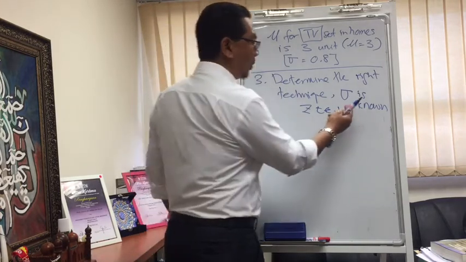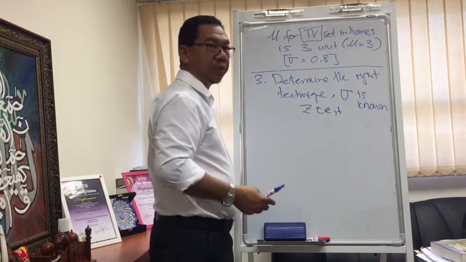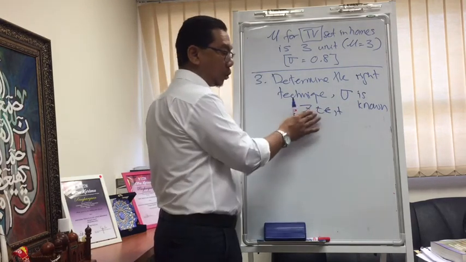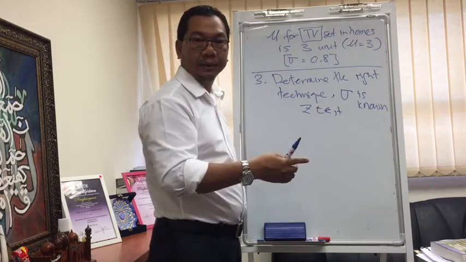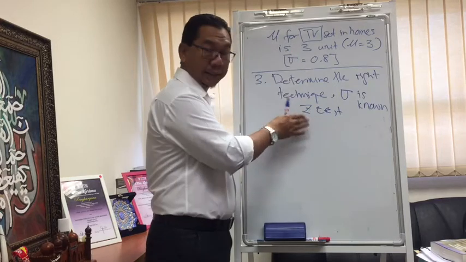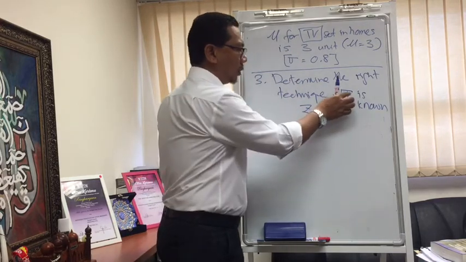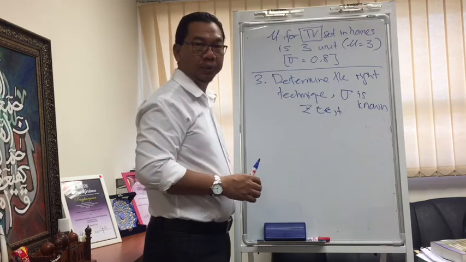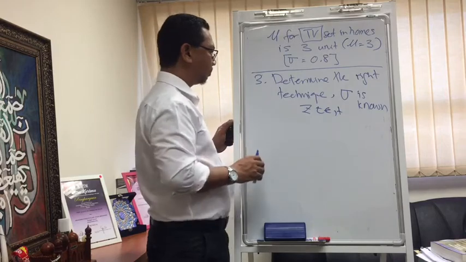If we do not know the population standard deviation, we are not going to use the Z test. We will use the T test. So let's stick to this example. We are going to use the Z test because the population standard deviation is known. This is number 3.